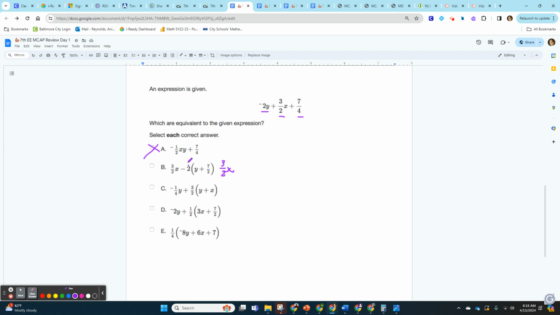I'm going to have to distribute this -2. So I would get -2y. So far it's matching. Then -2 times 7/2. The 2s cancel out, so I'm left with -7. So this does not match because I need 7/4.